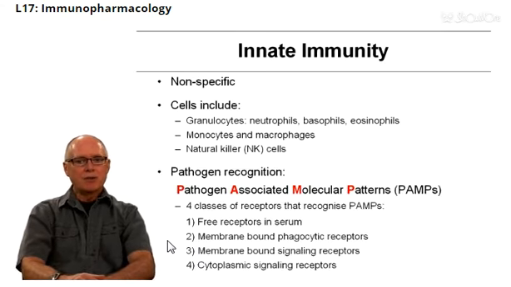Pathogens are recognized through common structures on their surface, which are referred to as pathogen-associated molecular patterns, or PAMPs. Many cells of the innate immune system have specialized receptors that bind PAMPs and initiate a defensive response.